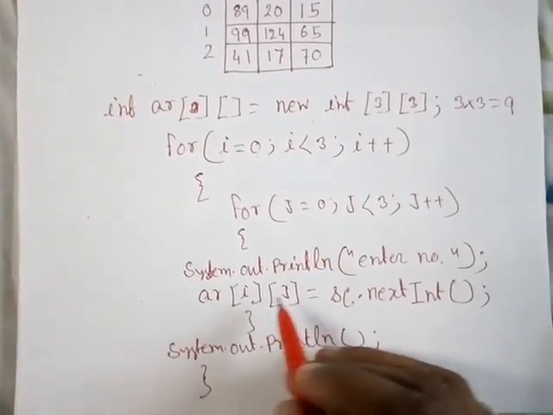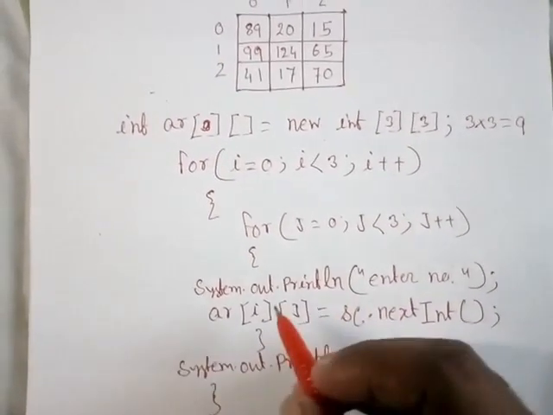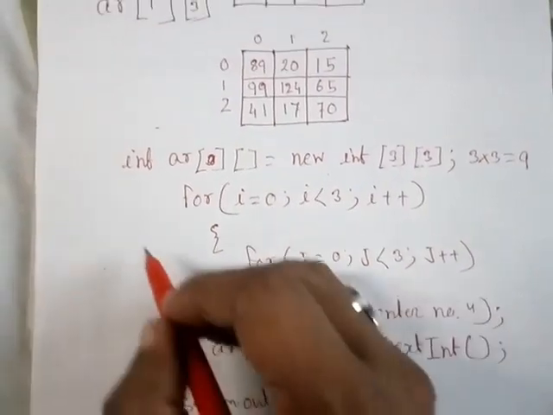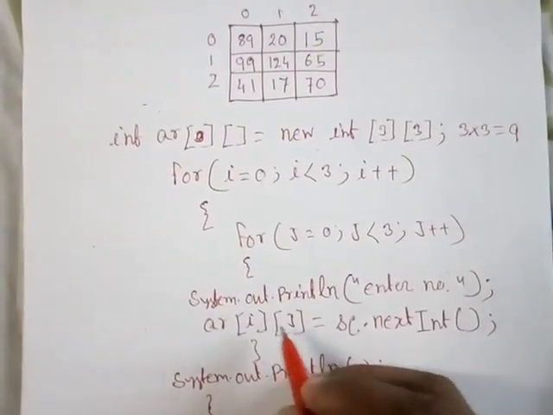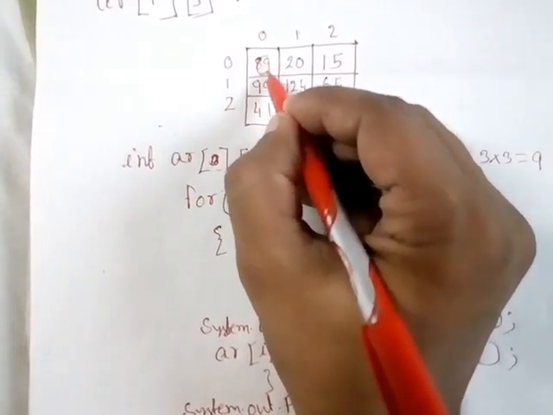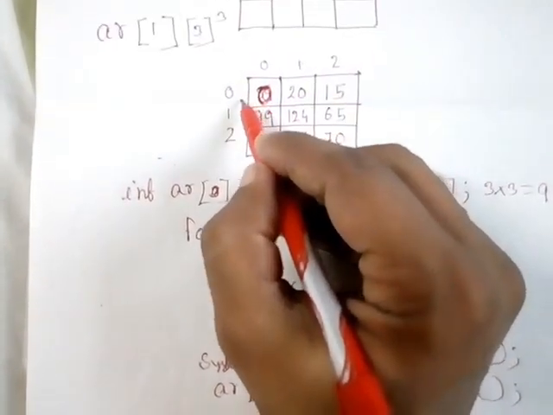That means while this statement executes, it will ask the user to enter a number, and when the user enters a number, which position will that number go to? 0 0. That means that number will go to this position, because this is the position of 0 0. We see from the row number, it is 0.